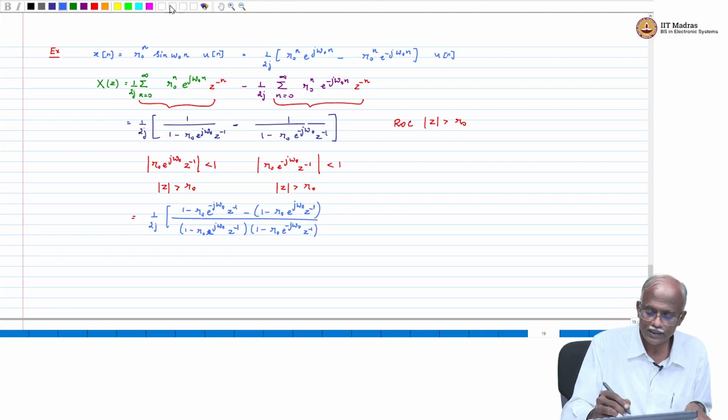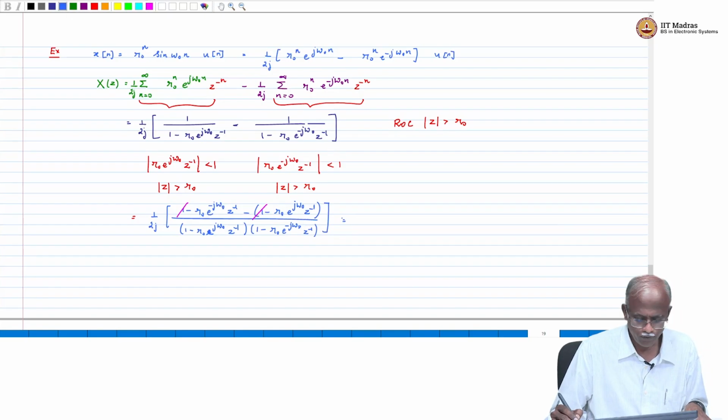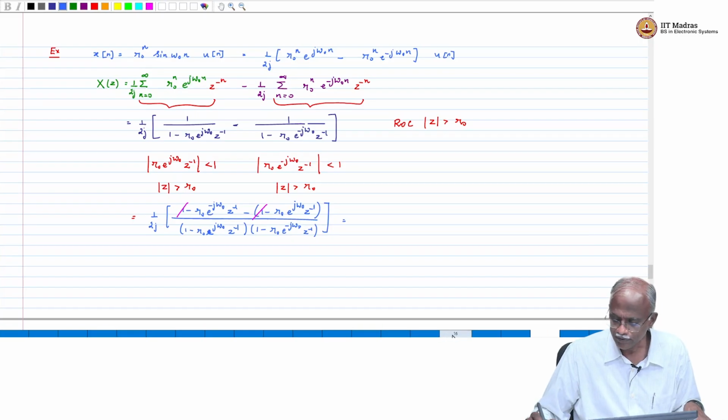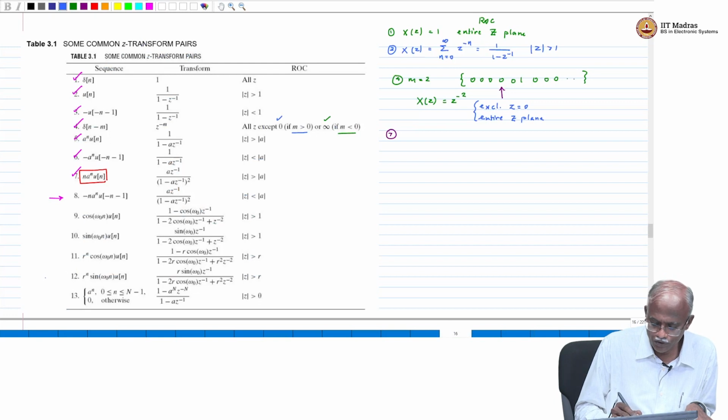Okay, so the minus ones will cancel, and what you will be left with is a very compact form, which is what is given for us in 16. So basically what we have just now solved is this example.